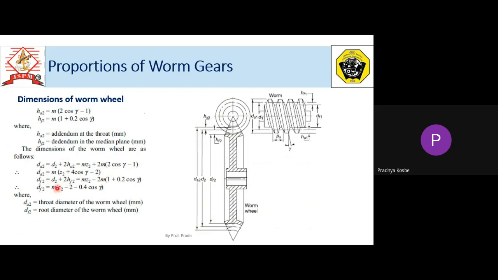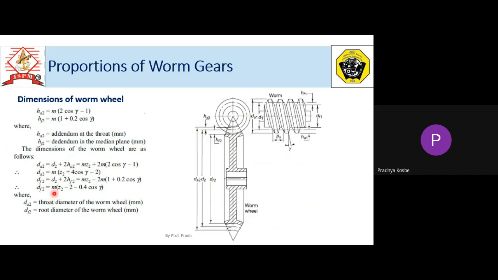And DF2 is equal to, this is DF2 and this is D2 and this is HF2. So DF2 is equal to D2 minus 2HF2, which is equal to MZ2 minus 2M in bracket 1 plus 0.2 cos gamma.